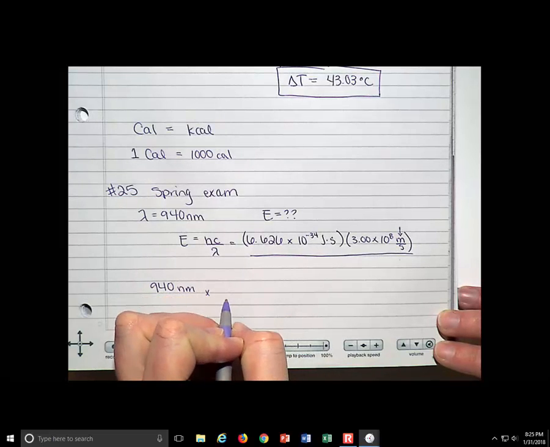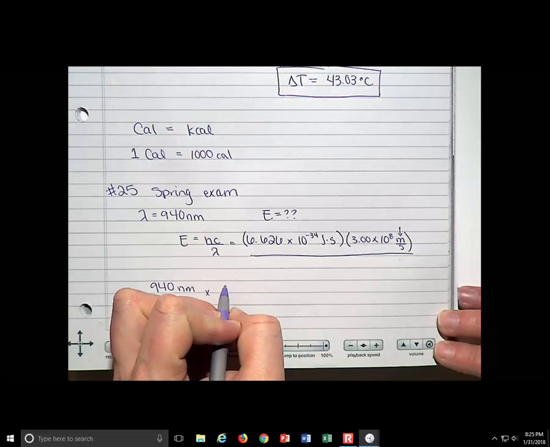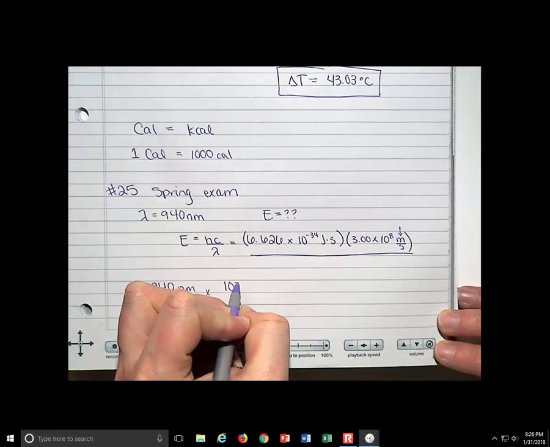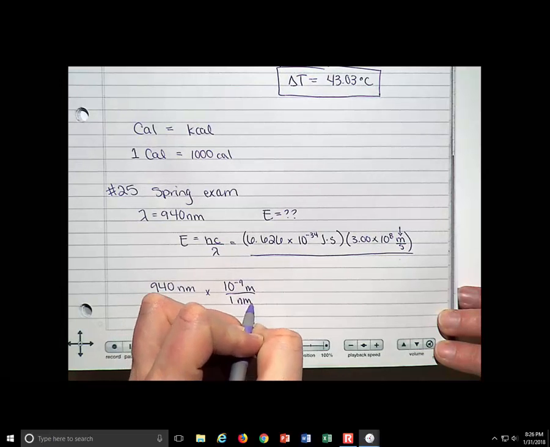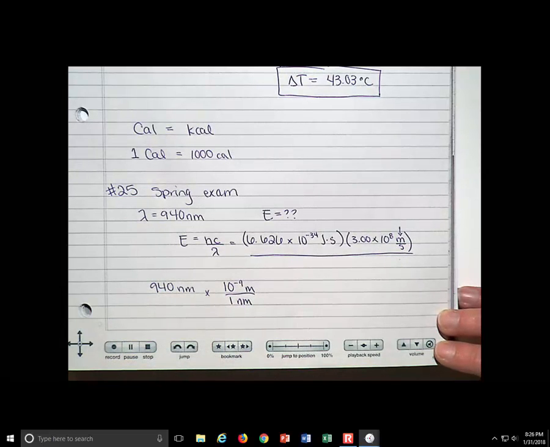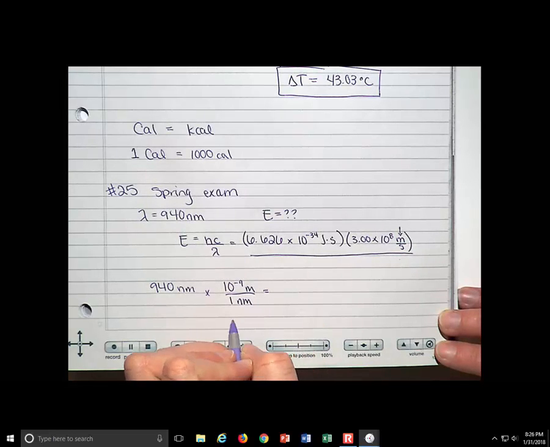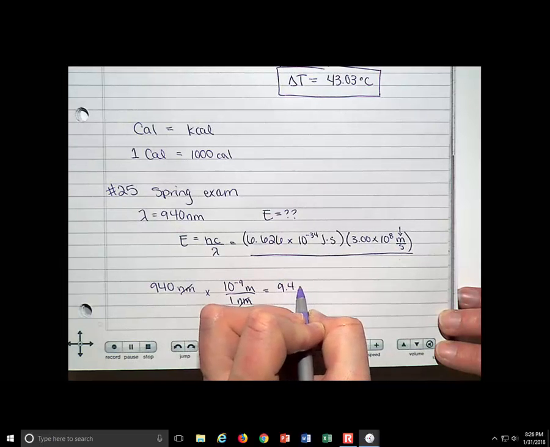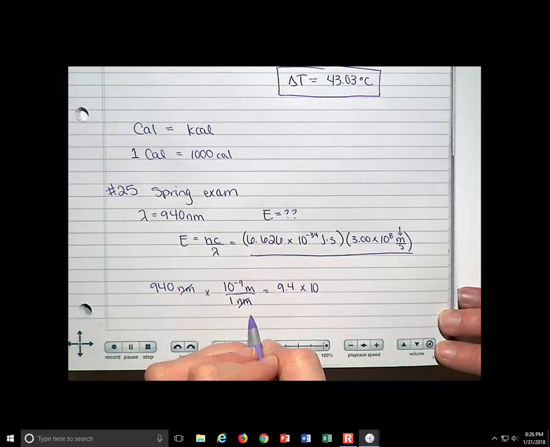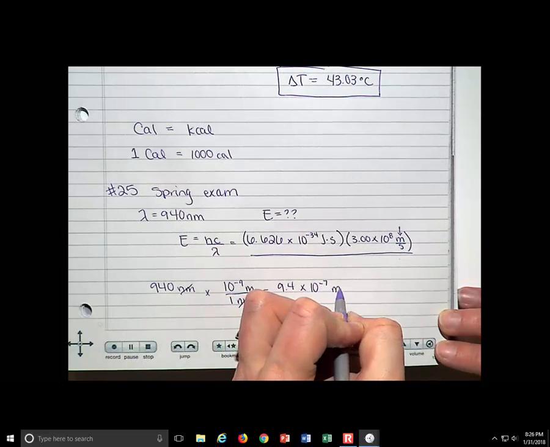You can write it as 10 to the 9th on the bottom, or you can say that there are 10 to the minus 9th meters in 1 nanometer, which is how it's shown on that table that I showed you guys in lecture. And that's going to be equal to 9.4 times 10 to the minus 7th meters.